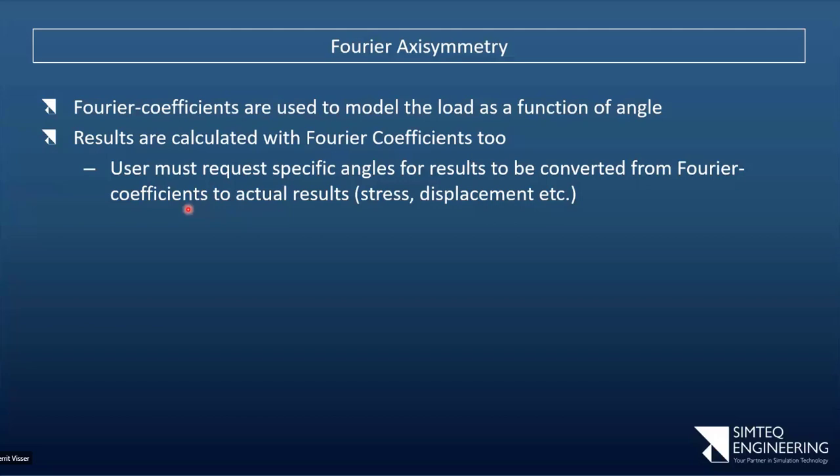In terms of how this is set up, we have to specify Fourier coefficients to specify that load as a function of the theta direction. For those of us that haven't used Fourier coefficients or Fourier methods in a while, it's simply this sum of a series of sine waves approach that defines the load.